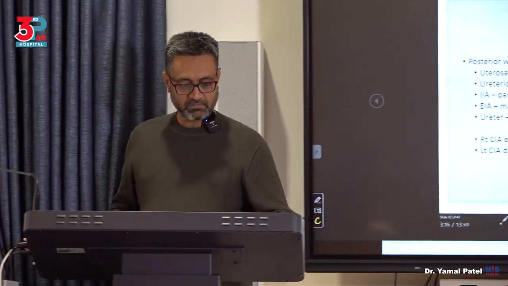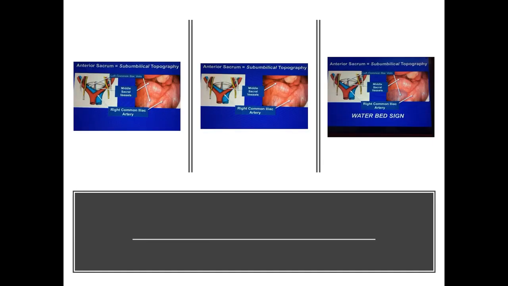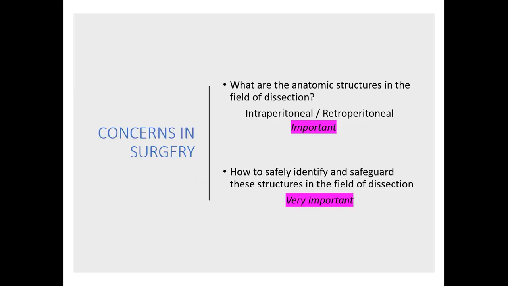Okay? Now, we go on. In the pelvic brim, what is crossing over and what is deep? So this is what I was trying to tell you, that they cross over at different levels. Now, what are my concerns when I'm doing surgery in such a complex situation? The first concern is that I need to know what the anatomical structures are in my field of dissection, both intraperitoneal and retroperitoneal.